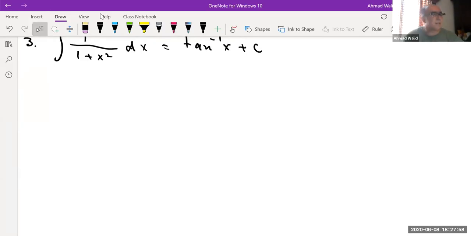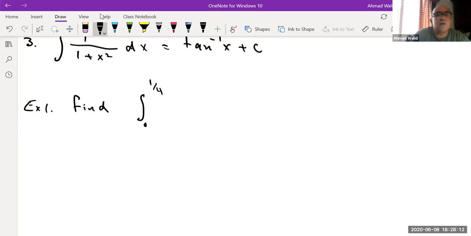Now, time for an example. Example number 1. Find the integral from 0 to 1/4 of 1 over the square root of 1 minus 4x squared dx.